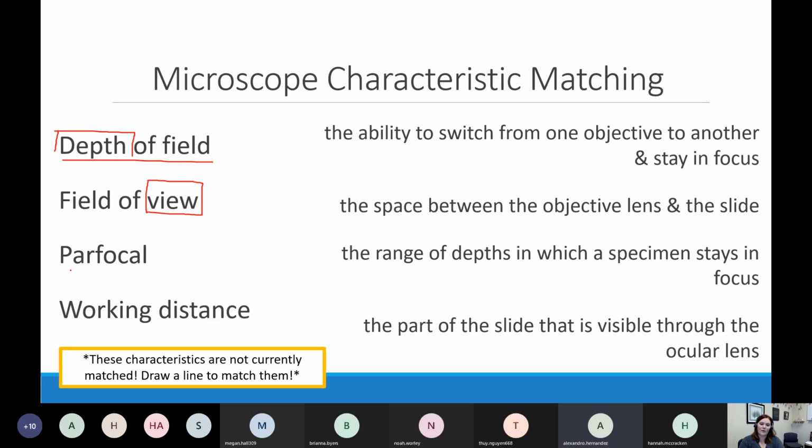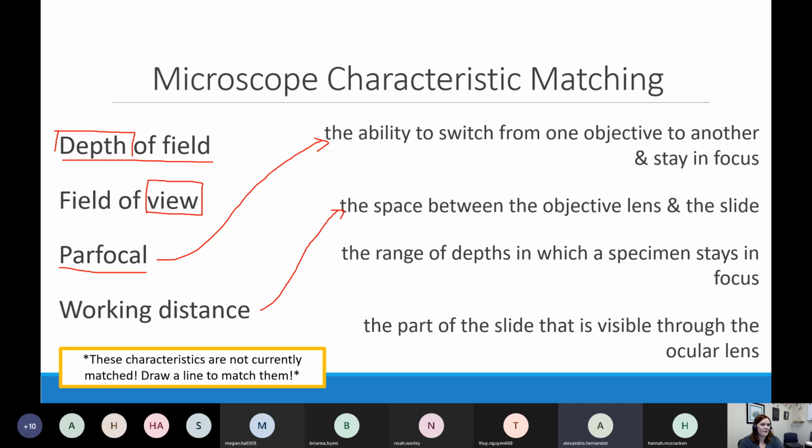And then we talked about, remember how our microscopes are parfocal. So we stay mostly in focus. If we do a good job focusing once, we're going to stay mostly in focus when we go from one objective to the next. And then, of course, that working distance. The working distance was the amount of space I had to make sure I don't crunch my slide.